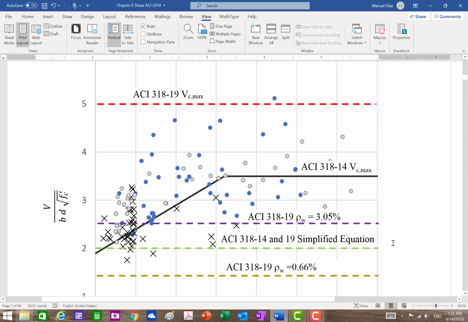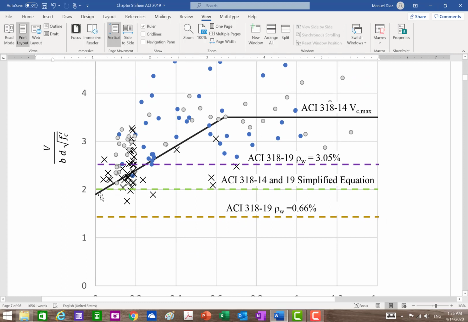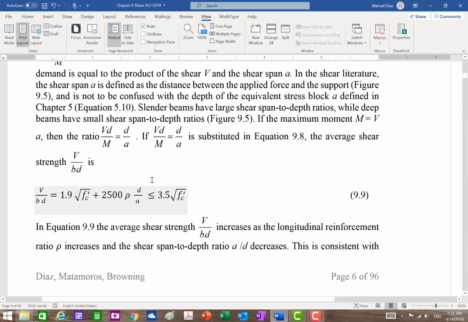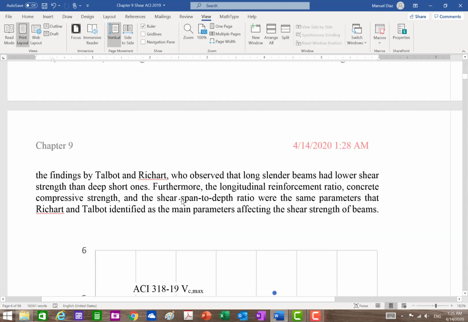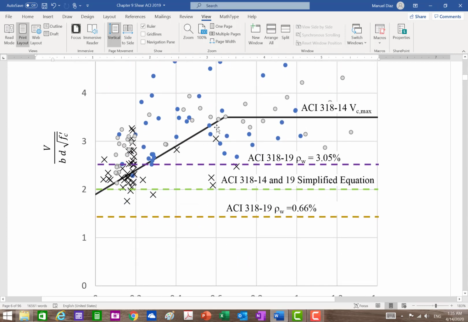The ACI 318-14 equation ends at 3.5. This one right here is the 2 square root of f prime c b d. That's the simplified equation in 14, which is also the one that we have in 19.